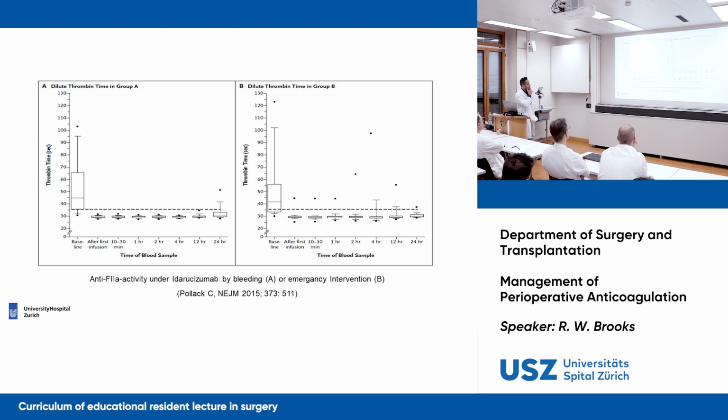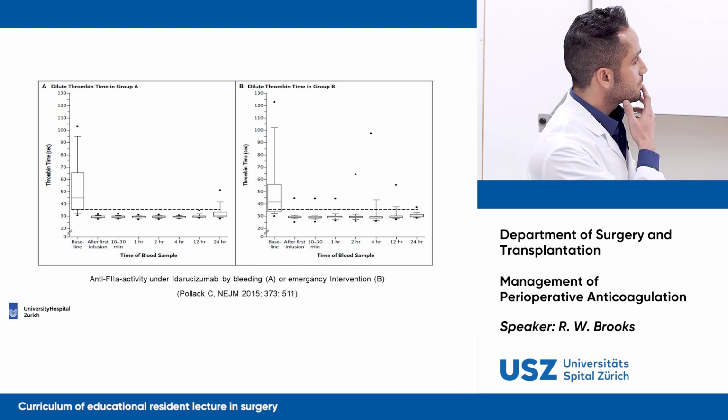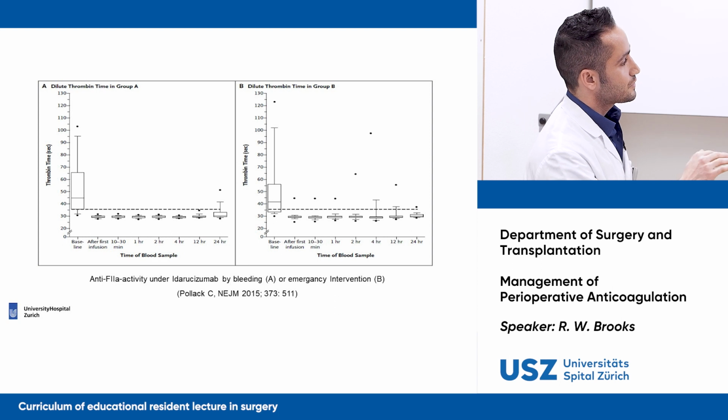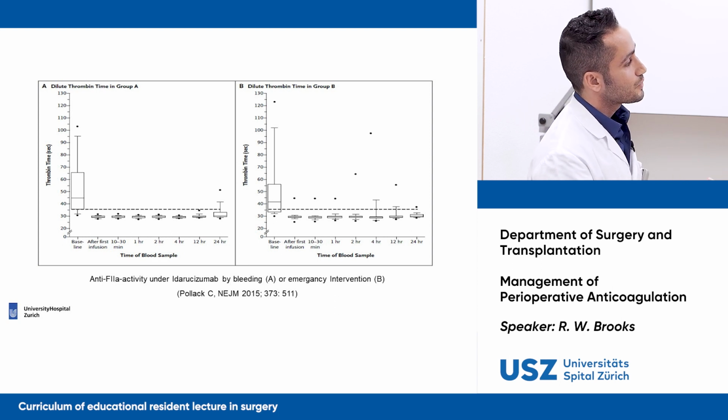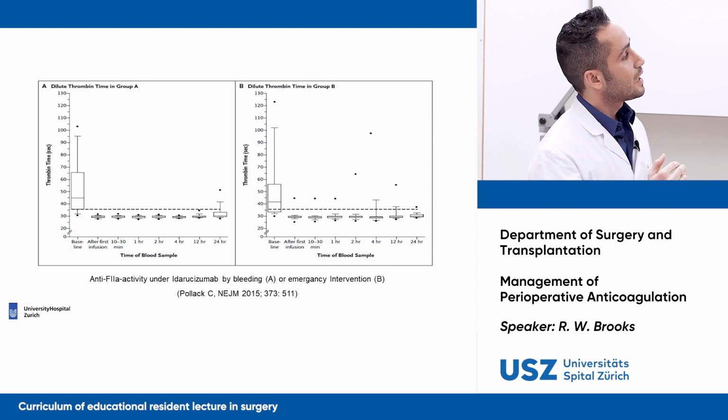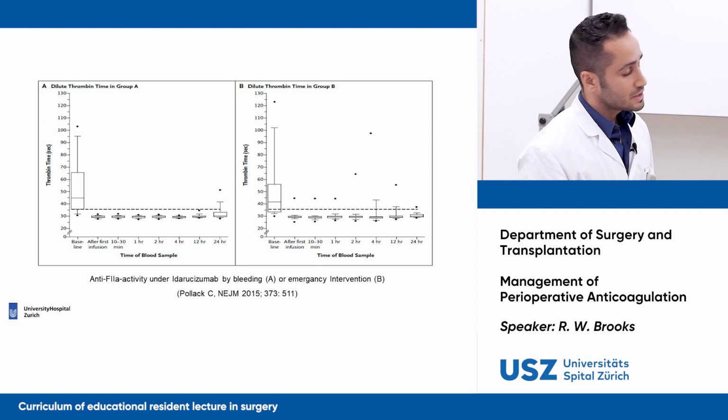And as we can see, the level of the thrombin time in the group under idarucizumab is lower in general in the first 24 hours than in the group without these antidotes. And there is a peak after 4 hours, about 100 seconds of thrombin time, in the group without these antidotes.